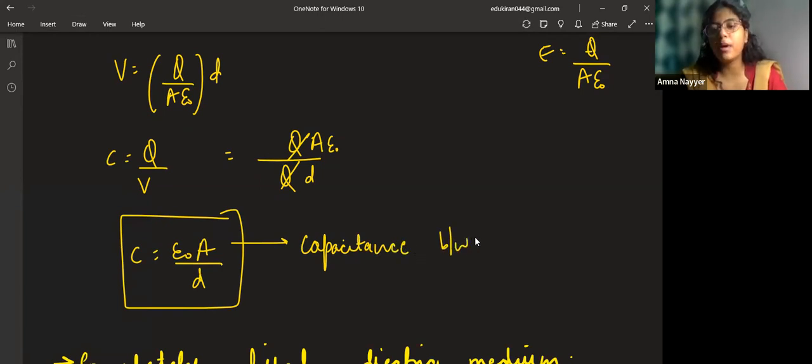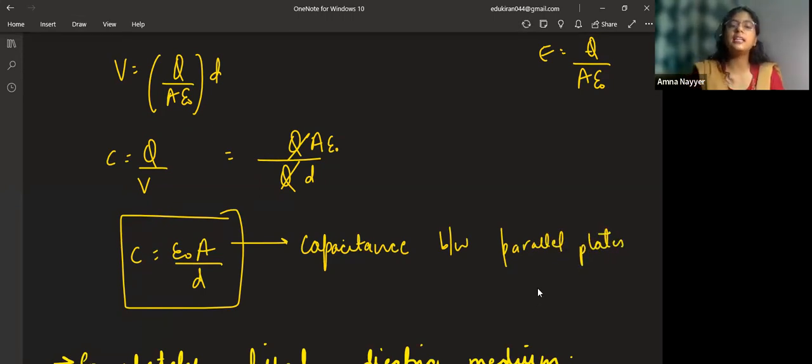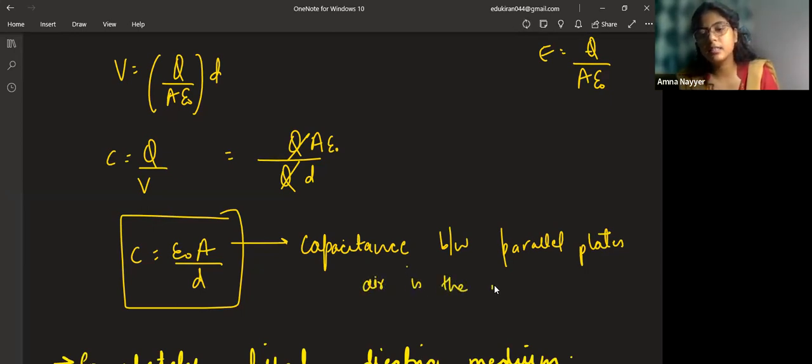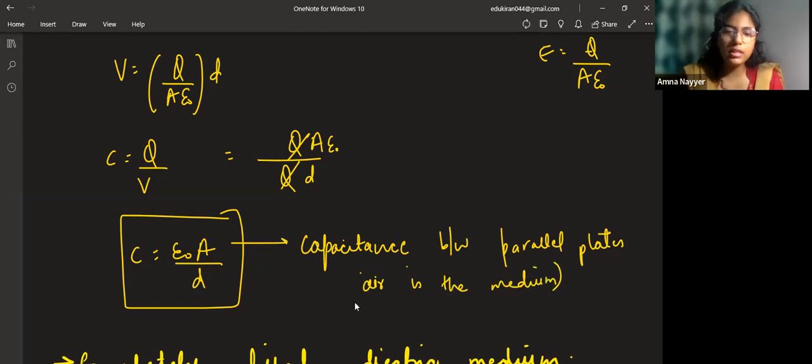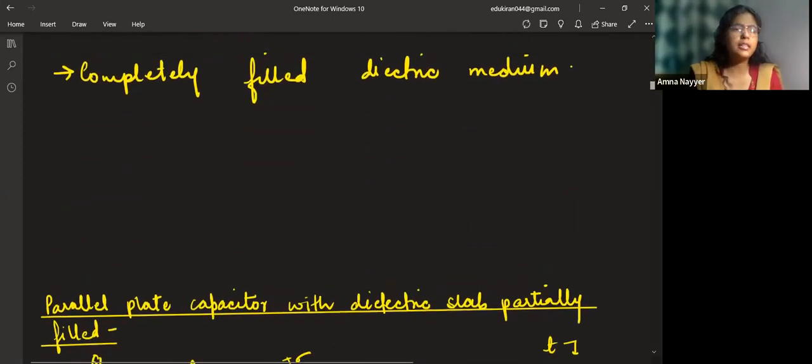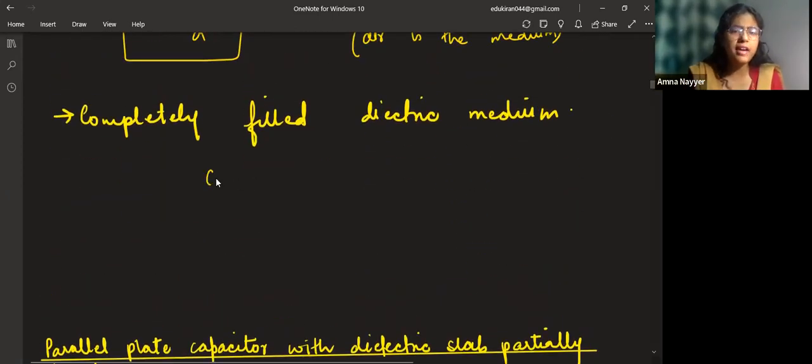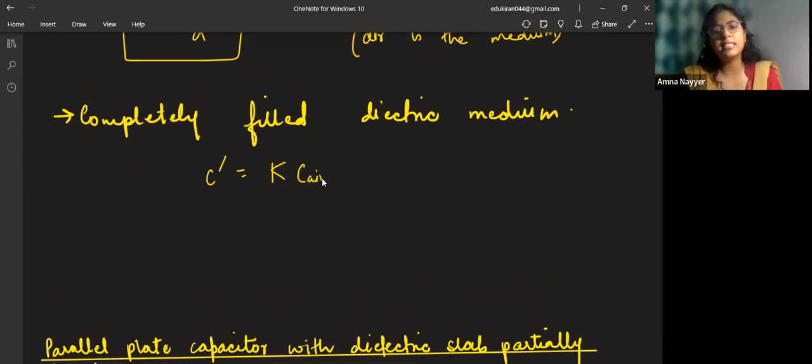between parallel plates, but with one condition: air is the medium between them. So this is capacitance in air. Suppose the medium gets changed. There is nothing new here. If the medium is different, multiply K with the capacitance in air.